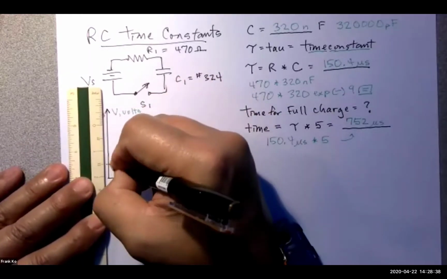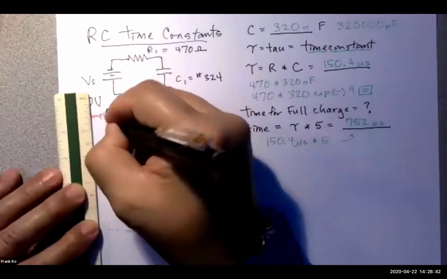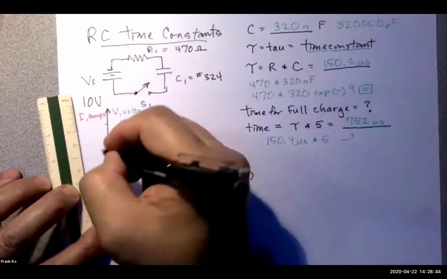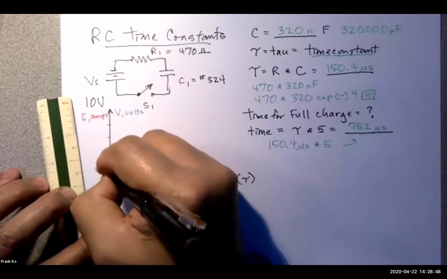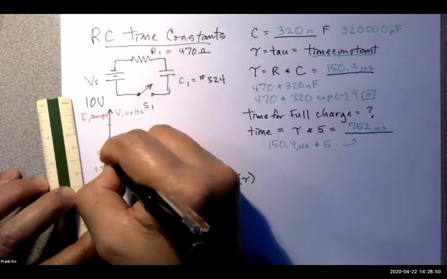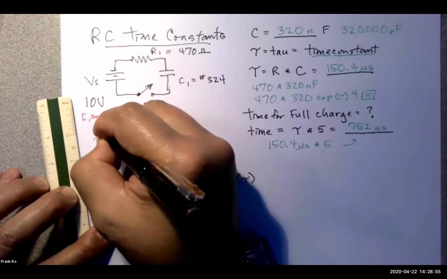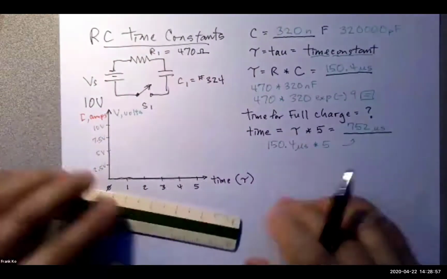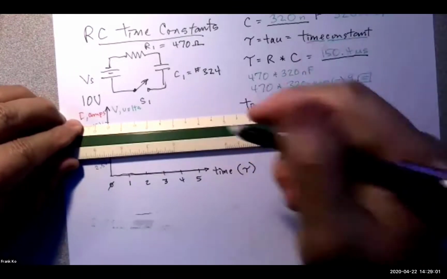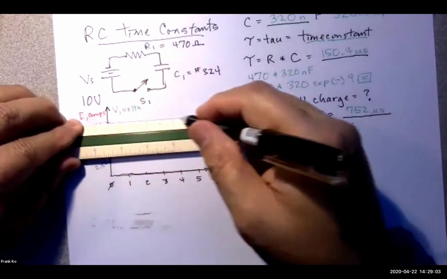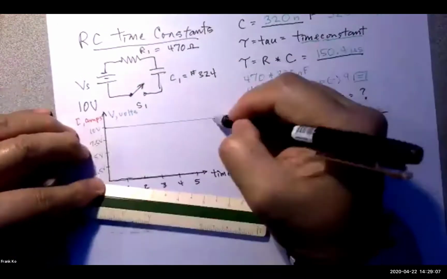Okay, so if I graduate this one this way, okay, so this will represent 2.5 V, 5 V, 7.5 V, 10 V. If I just graduate it this way, my maximum line would be somewhere around here. Somewhere around there would be my maximum, okay? So this would be max.